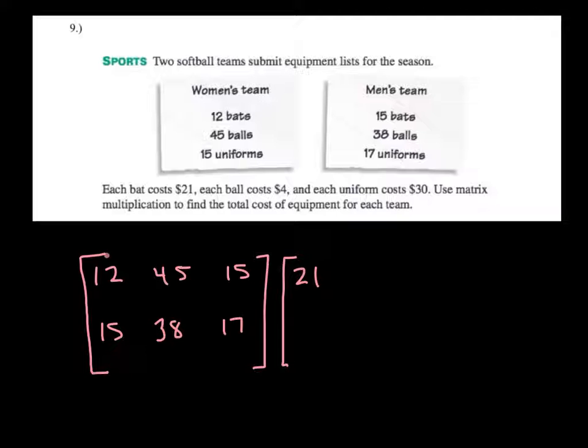Second number in your row represents the balls. The balls cost $4. And the uniforms cost $30. So what is matrix A times matrix B? This starts out as a 2 by 3 times a 3 by 1, so we should end up with a 2 by 1 matrix.